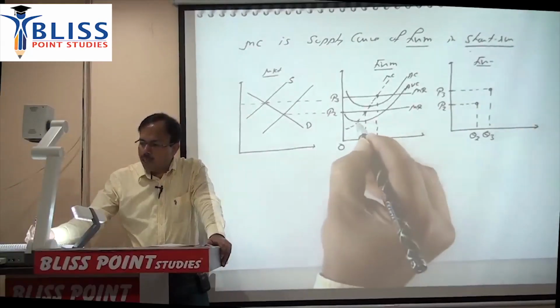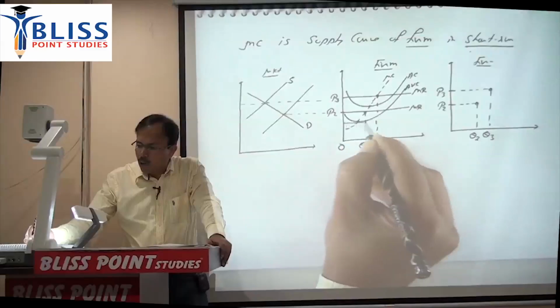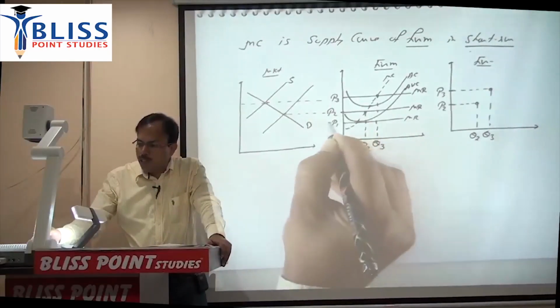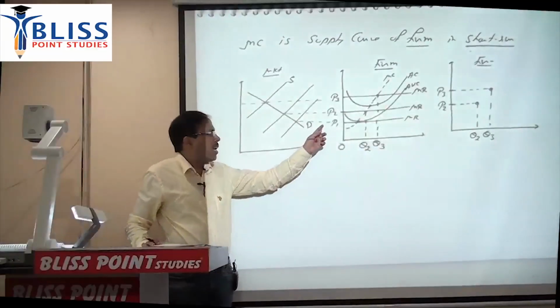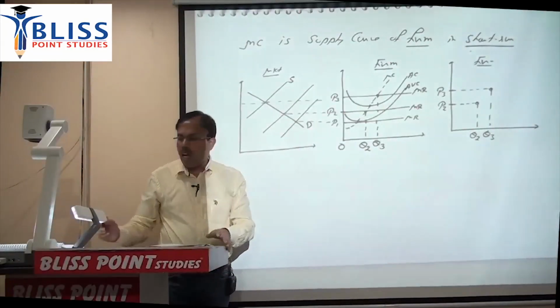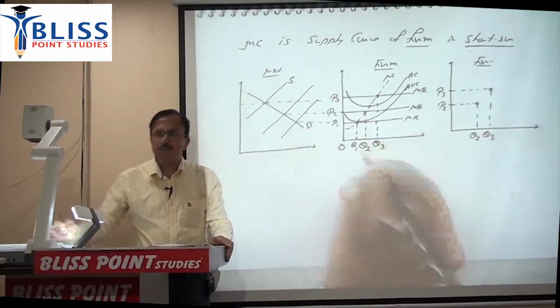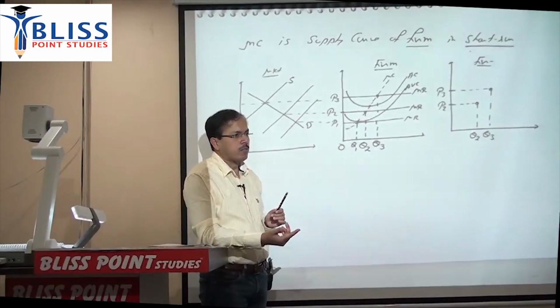If price reduces further, and suppose it is tangent at the minimum point of average variable cost, तो at price P1, अब ये लाइन एक्चुअल में यहाँ से बन रही है. So at that price P1, MC is equal to MR at quantity Q1, but at that quantity how much is operating profit?